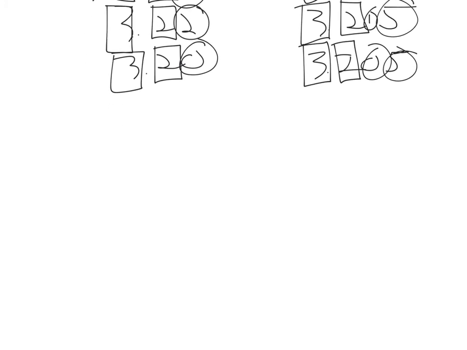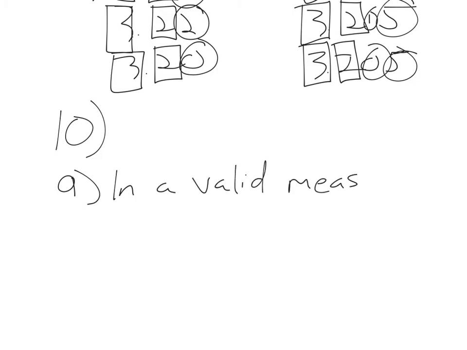All right. Going on to number 10. Based on the examples, circle the best phrase to complete each sentence below. So let me make some sentences here. In a valid measurement, you record 0, 1, or 2 estimated digits. Okay, so we have to figure out how many estimated digits.